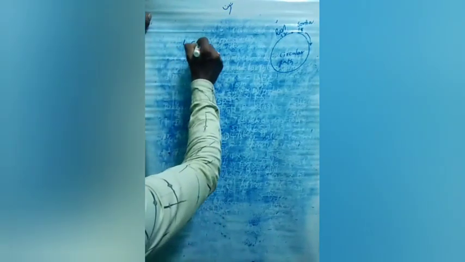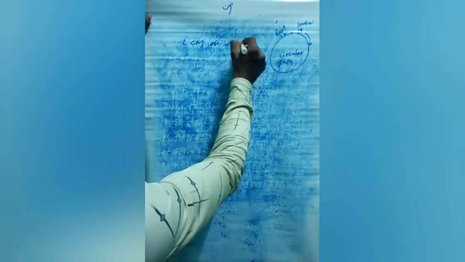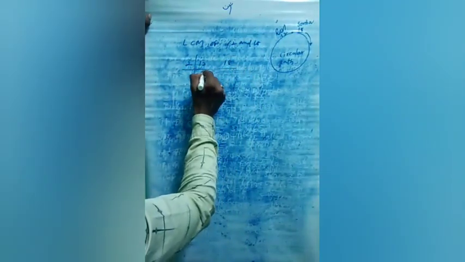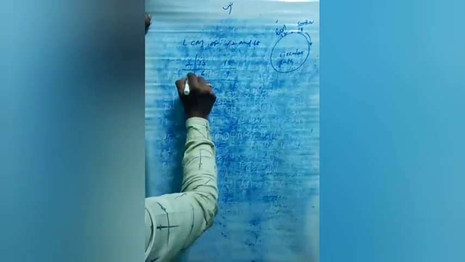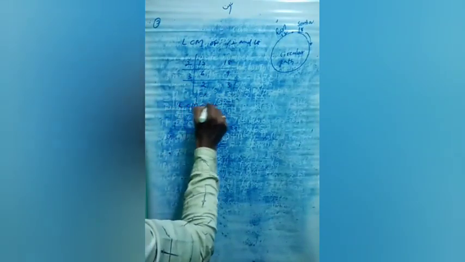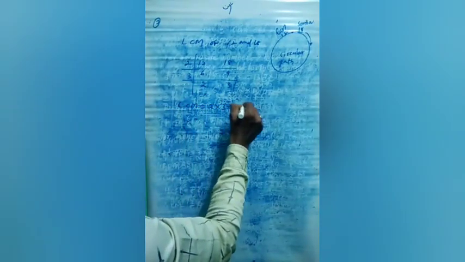So when will they meet again? Let us take the LCM of 12 and 18. By the prime factorization method: 12 is 2 6s, 2 3s are 6, and 18 is 2 9s, 3 3s are 9. Therefore LCM is equal to 2 into 3 into 2 into 3.